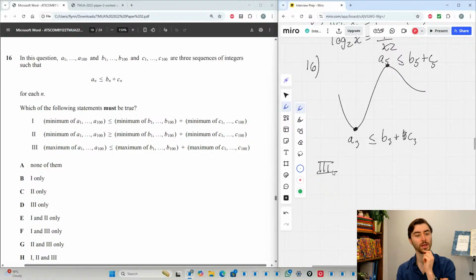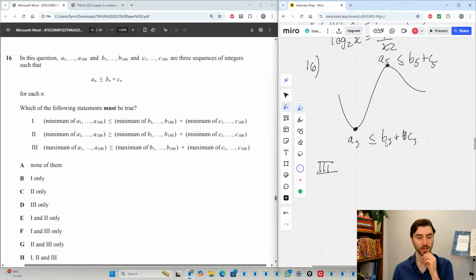Great, pin that down. Now, let's consider 1 and 2. So must be true. Well, let's say A3 and B3 and C3 are all the minimum.